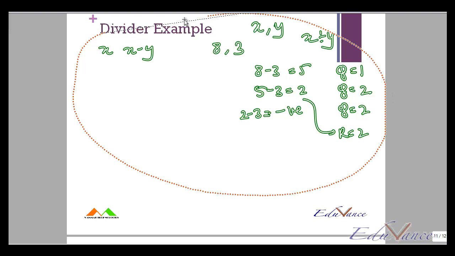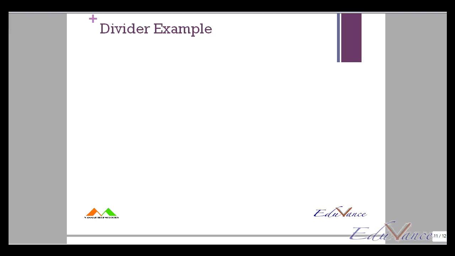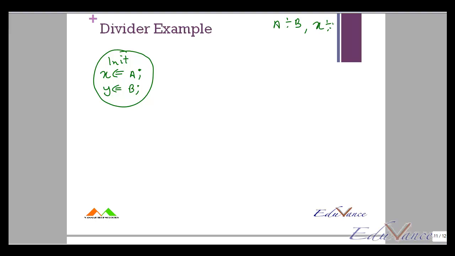So let's look at how to do division using FSM. Suppose I have a state machine such that my initial state, I have my x variable which gets the input value A, I have my y variable that gets input value B. So I'm doing A divided by B, which would be x divided by y.